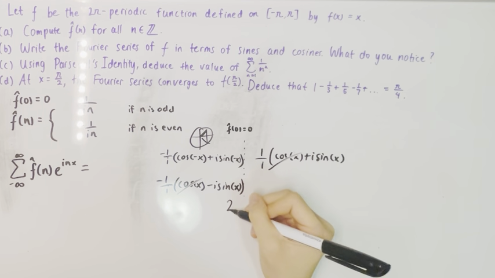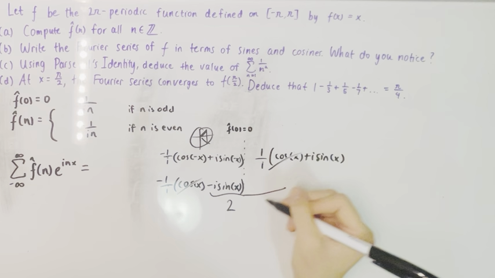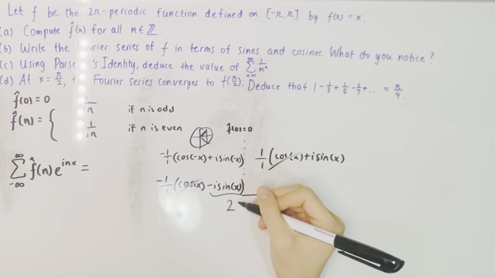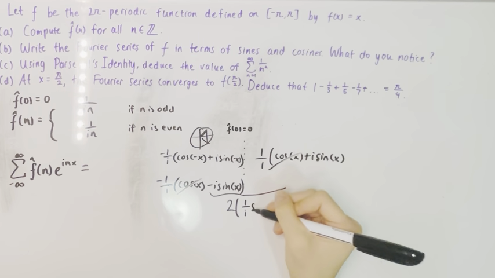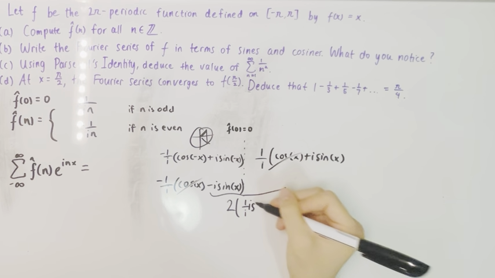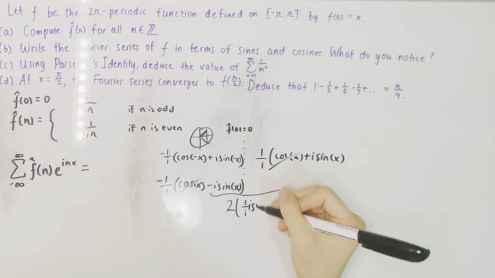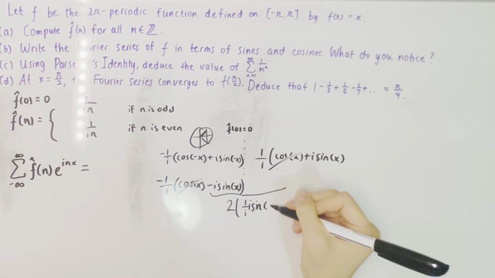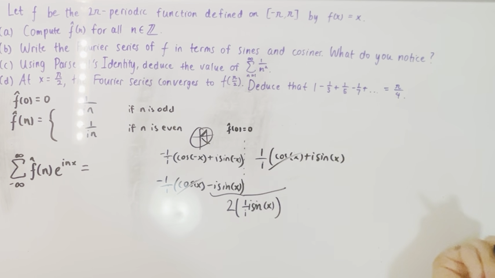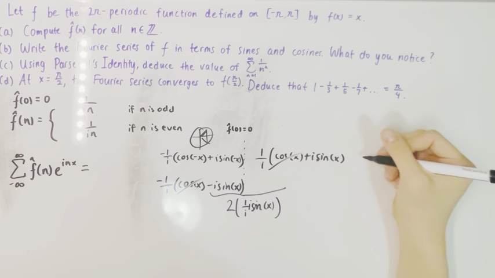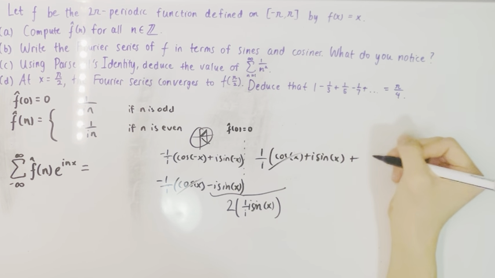So we have 2 times 1 over i times i sine x. Okay, that's pretty cool. Let's see if something similar happens to the next term.